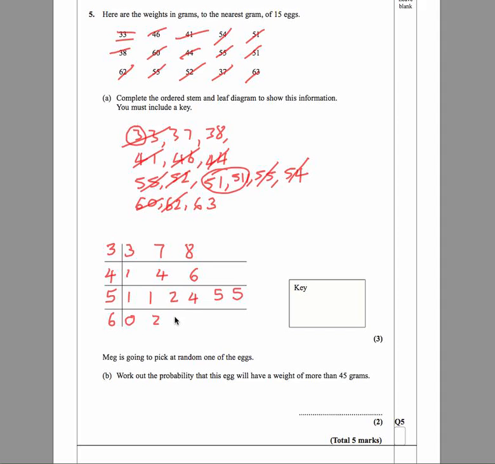Okay, and the basic idea here is that you're roughly putting together a bell curve of the data. It kind of goes up like that and back down again, so you're seeing where the majority of the data is focused.